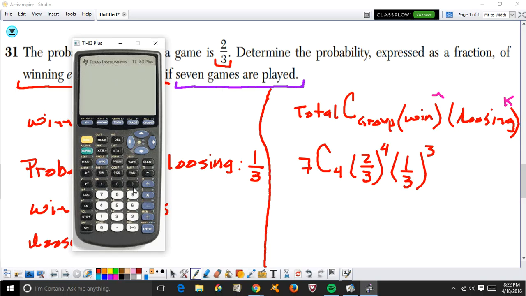So now we have 7, math, probability, composition, 4.